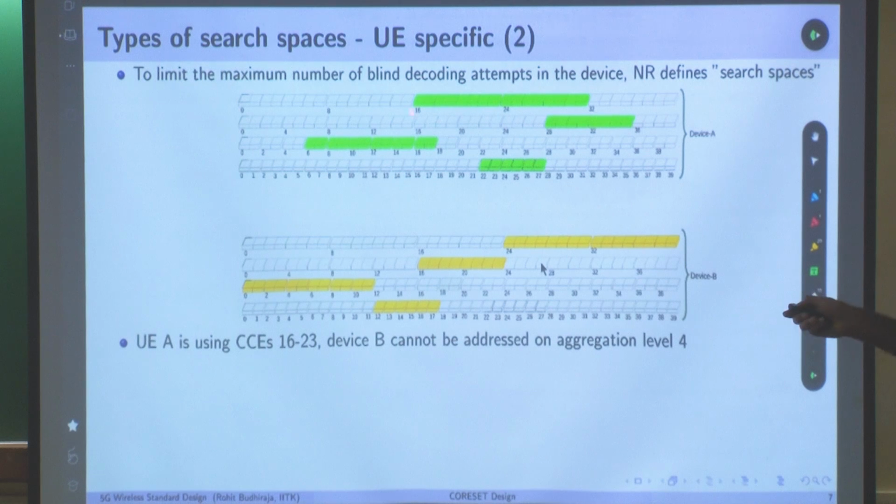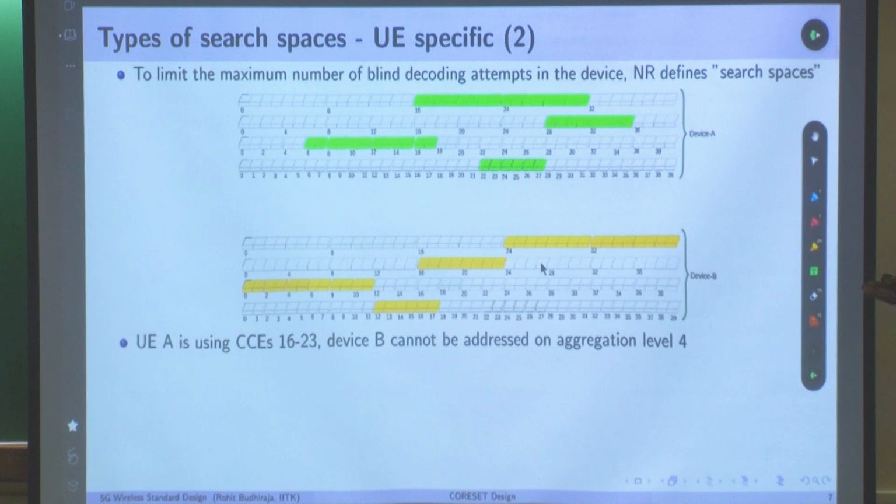Let's say the base station has assigned these CCEs to this user. Then it will not assign these CCEs to this other user at aggregation level 4, because it has already assigned them. That's the point being made here.